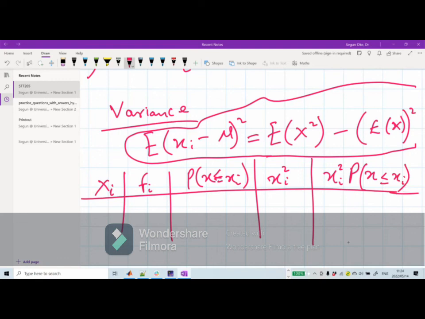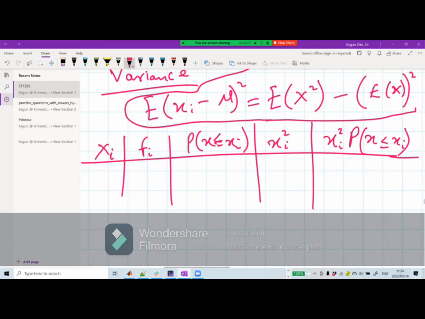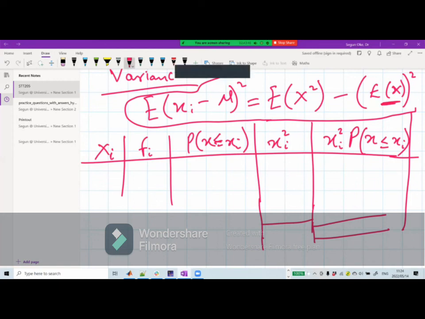If you can do this, you can use this formula to solve it. At the end of the day, you have to add everything in this column together. Don't forget that you already have this one; you know the answer.